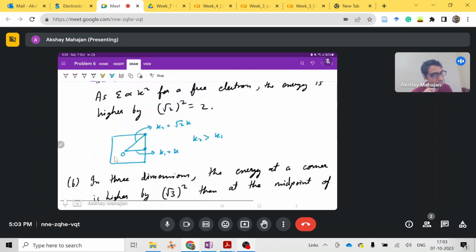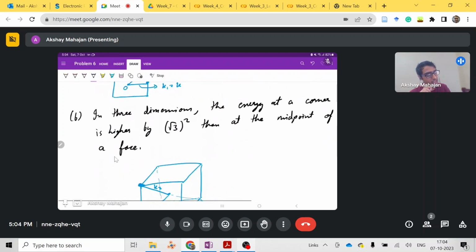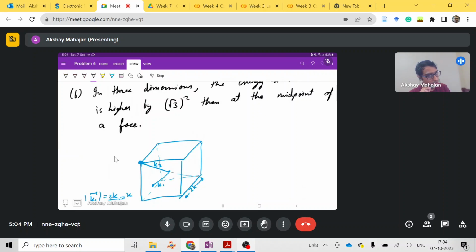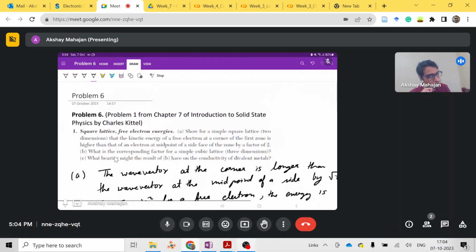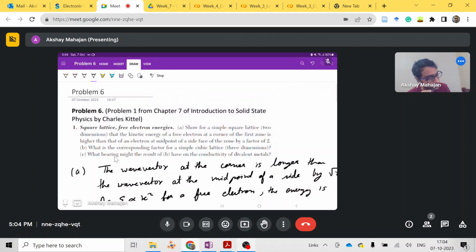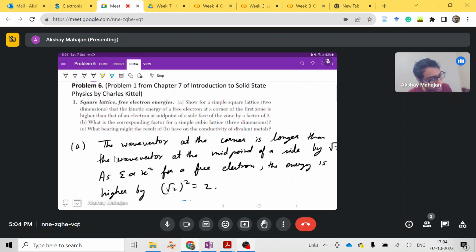So in 3 dimensions, the kinetic energy will be 3 times compared to the kinetic energy at the midpoint of the face, because we are talking about the free electron case only. Now, part C asks: what bearing might the result of B have on the conductivity of divalent metals? So what happens because of case B?